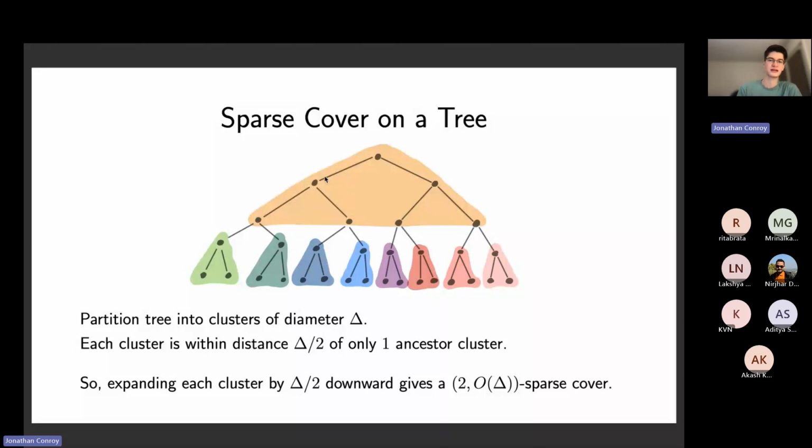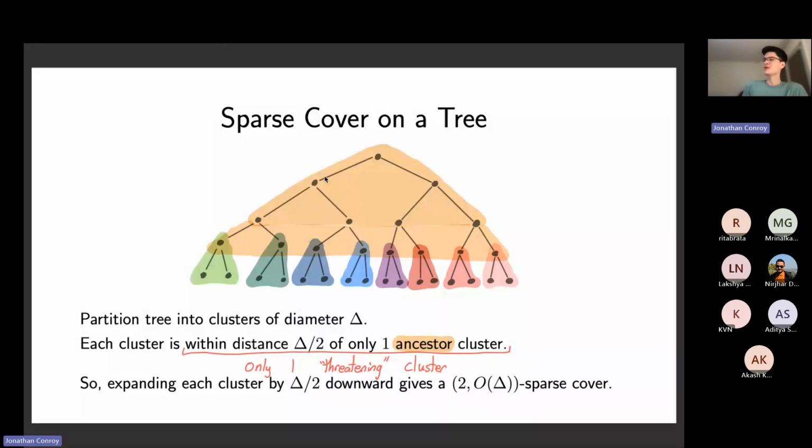But if you view this as a rooted tree and look only at the ancestor clusters, every cluster is close to only one ancestor cluster. Otherwise, you have to walk past these large blobs. Again, you only have one threatening cluster. And so you can expand every cluster downward by a delta by 2 amount to get a 2, O of delta sparse cover in a tree.